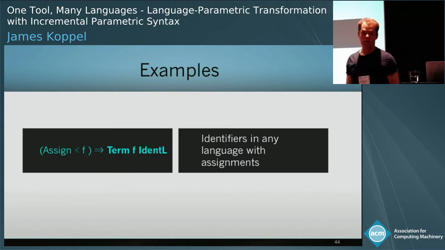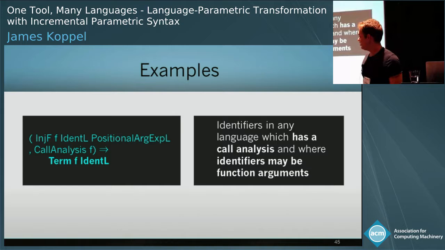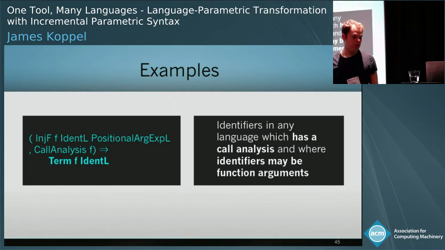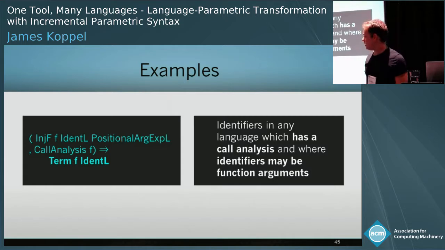Term f ident L, where assign is a subsignature of f, means identifiers in any language that has assignments, and term f ident L in a language F satisfying there's a sort injection from ident L to the positional arg cell, and there's a call analysis for F. These are identifiers in any language where identifiers may be passed as arguments to functions, and where someone else has written a call analysis for F, which may be either written generically or language-specifically.